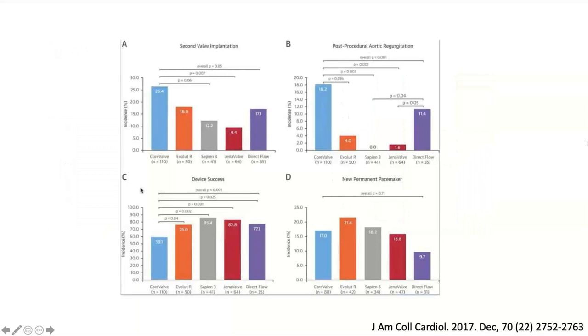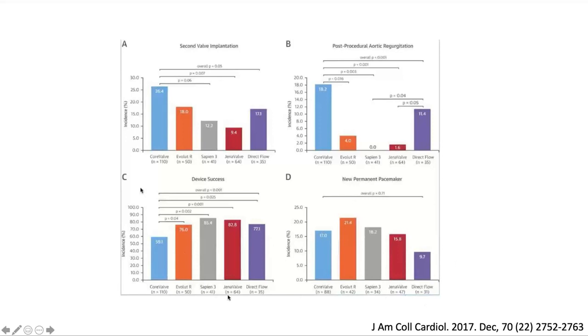And as time has gone on, there have been studies looking at not necessarily the great numbers, but just whether or not this was possible. Second valve implantation and procedural complications are relatively low as operators have gotten better with transcatheter replacement. There has been some good success, and the need for a pacemaker is not too bad.